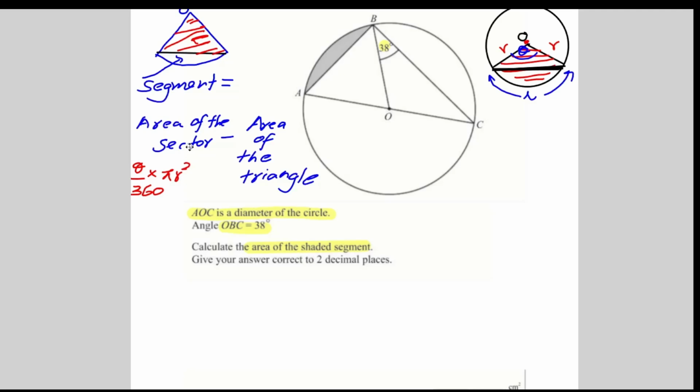Since this is part of the circle, theta over 360 pi r squared, minus area of triangle, half ab sine C. Now let's get the angle then. Then you have to have this angle. Now this is our sector. This is the sector that we are discussing.